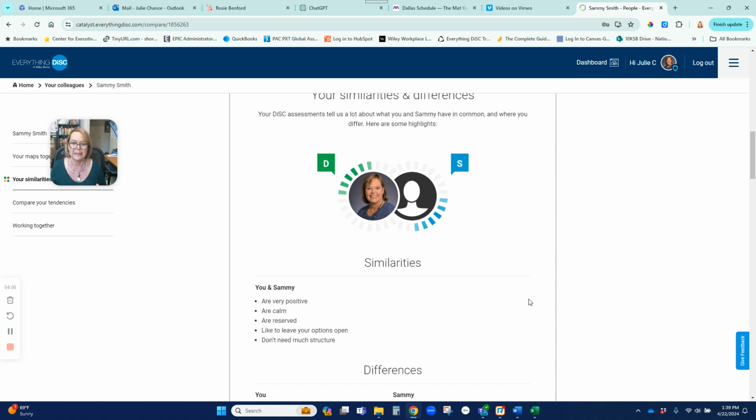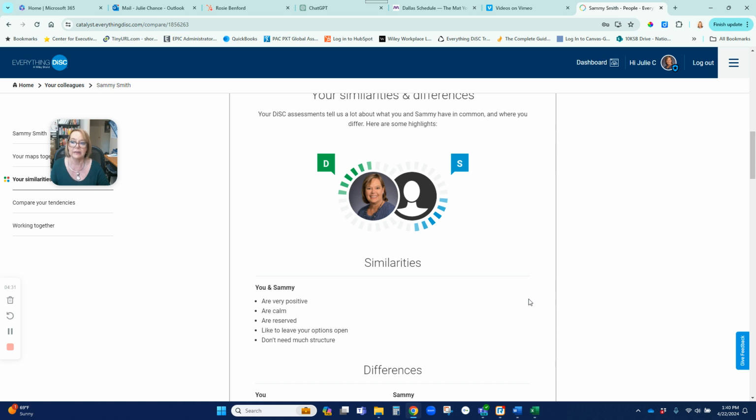In fact, we have a number of similarities, even given those opposite corners of the DiSC map. We're both positive, calm, reserved, and neither of us needs much structure. That could be good or bad in working together, but it is good to understand in terms of building trust.